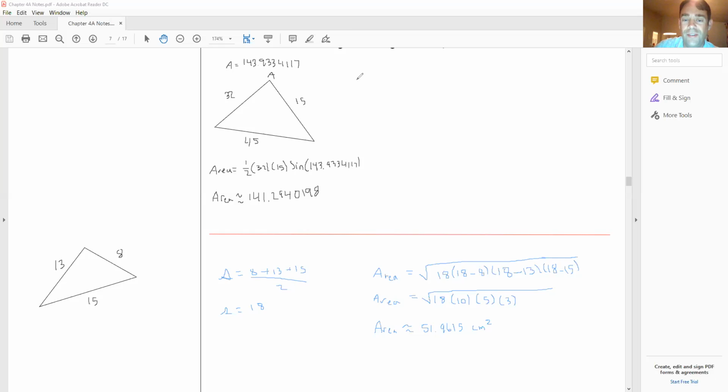All right, let's see how you did. First up, you had to find the semi-perimeter. So 32 plus 15 plus 45 divided by 2. That would have ended up being 46. And then we find the area by plugging it into our area formula.